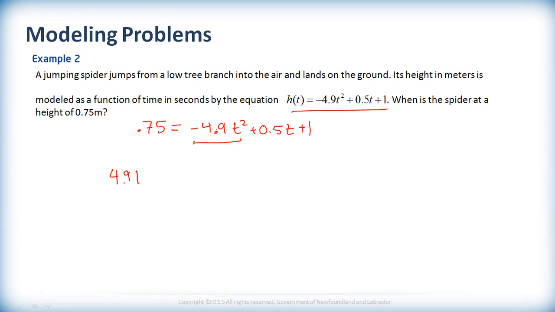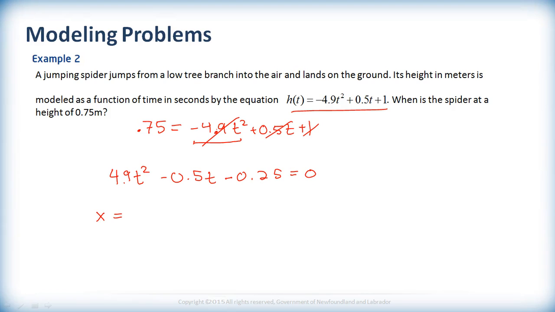I have 4.9t squared. And then I've got negative 0.5t. If I subtract that from both sides, so they're both taken care of, I'm going to subtract 1, so 0.75 minus 1 is negative 0.25. Looks like that equals 0. So now we have to solve this, and that looks way too ugly to factor. Let's go quadratic formula.